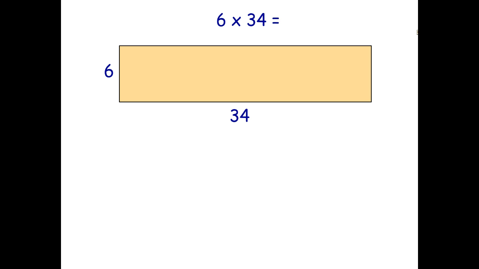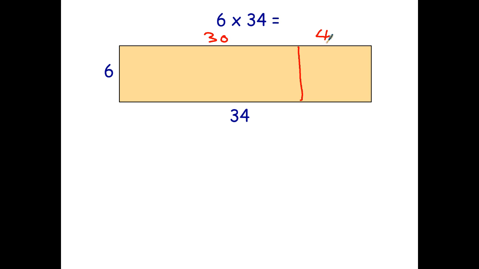Now let's have a look at this little arithmetic question at the top. We want to multiply 6 times 34 mentally. Well, often the best way to think about mental multiplication, at least, is to break the 34 up into 30 plus 4.